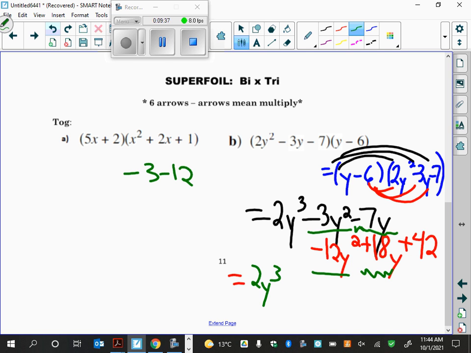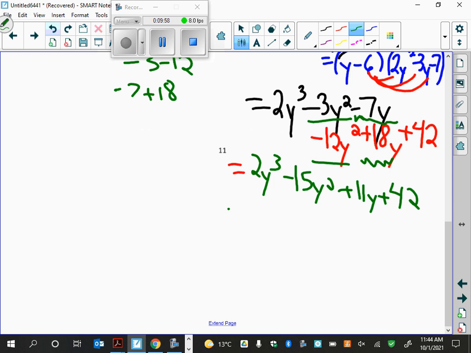Okay, we're doing negative 3 subtract 12. Everyone can do that with a calculator. You get negative 15 y squared. And this one you're doing negative 7 plus 18. You got 11 y. There we go. Anybody get that final answer?